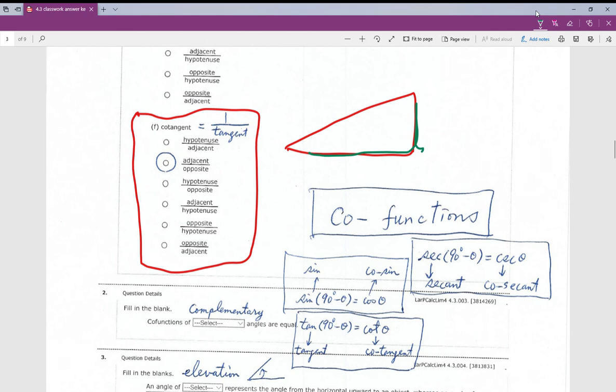So it looks like a T, tangent. So tangent function is just talking about opposite and adjacent.